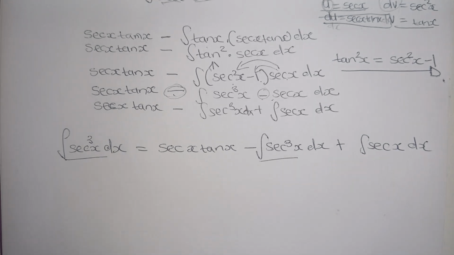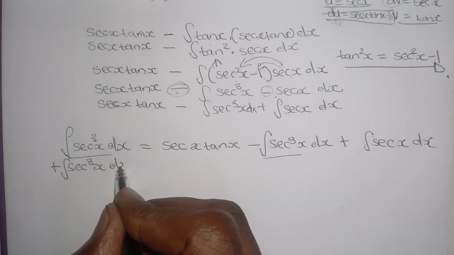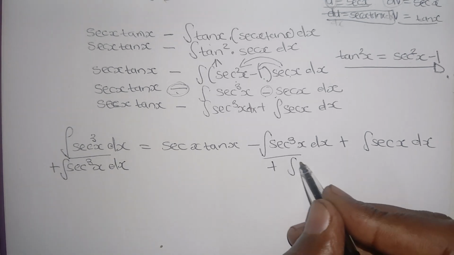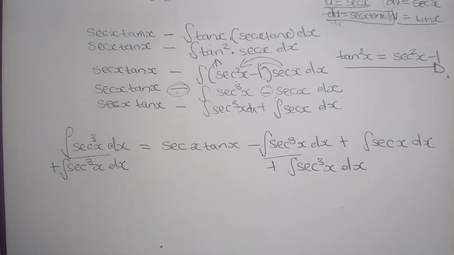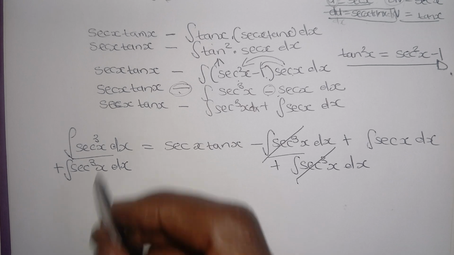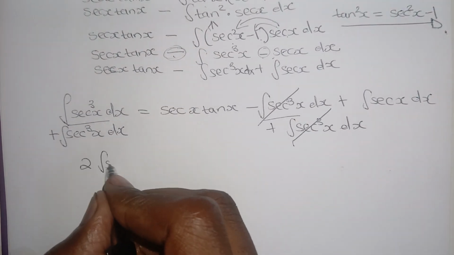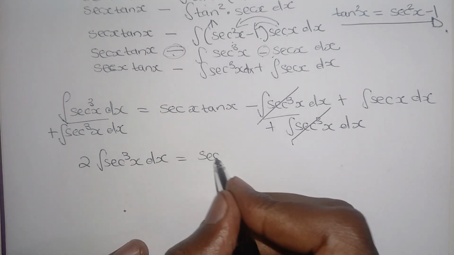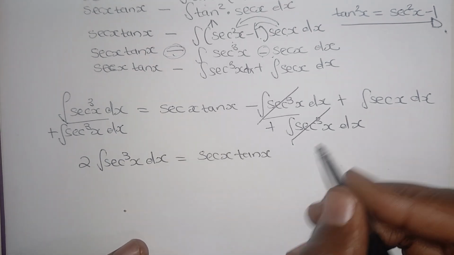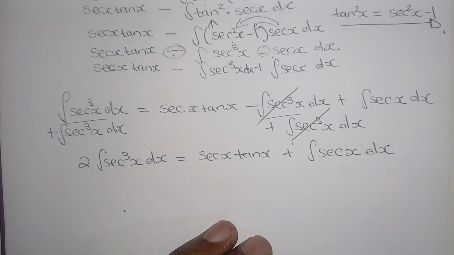So we can just add this to both sides. So it's going to cancel here, and on this side it's going to add up. So it's going to be 2 times the integral of sec cube equals sec x tan x plus the integral of sec x. This is beautiful.